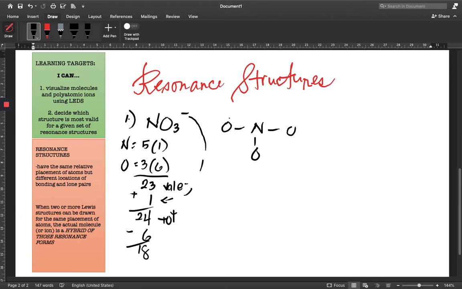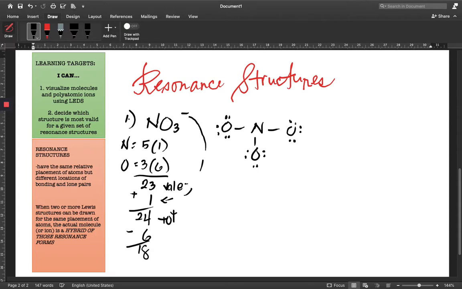We distribute those 18 valence electrons first to the appended atoms, which in this case is oxygen, and we complete the octet of oxygen. They need 6 more because there are already 2 electrons shared between each oxygen atom and nitrogen, which is the central atom.